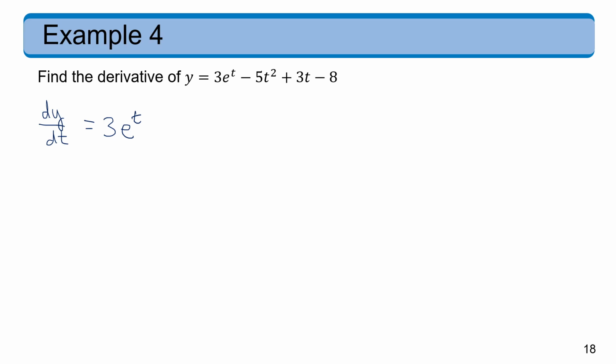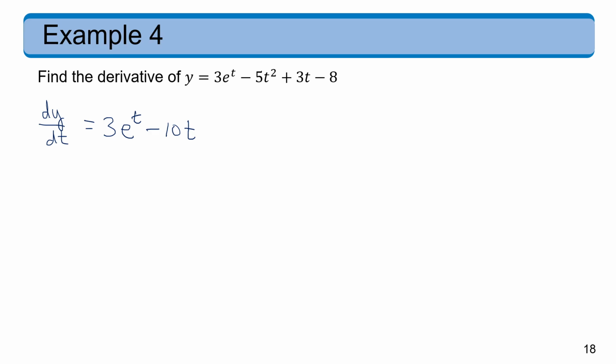This is a power function, right? Make sure you see the difference. An exponential function has the variable in the exponent and a constant base. This is the opposite: the variable is in the base and the constant is in the exponent. This is a power function, so we use the power rule on it. So we bring the 2 down in front, which gets multiplied by the minus 5. So now we have minus 10 in front, and we reduce the power from 2 down to 1.